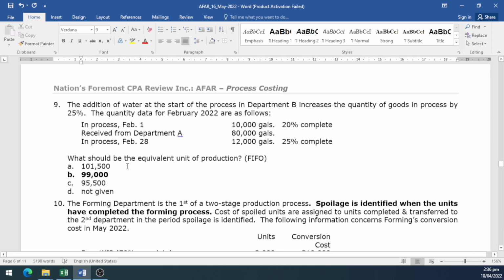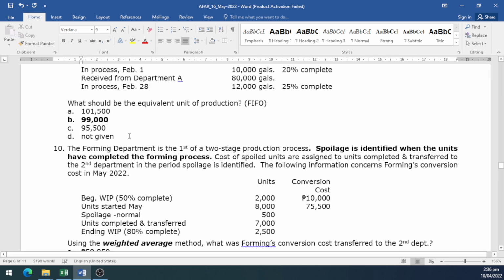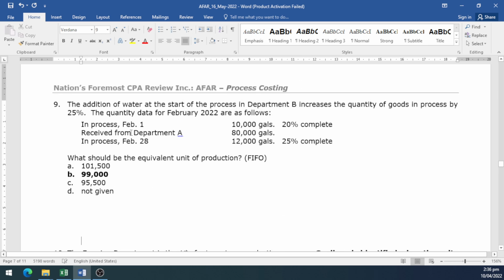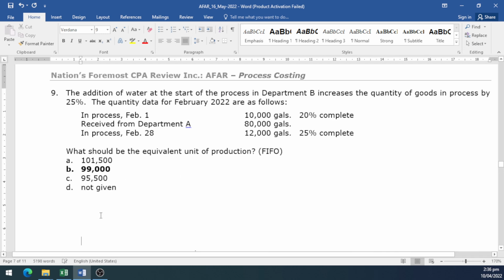We will compute the equivalent units of production. The addition of water at the start of the process in Department B increases the quantity of goods by 25%. So in process, February 1, 10,000 gallons, which is 20% complete.